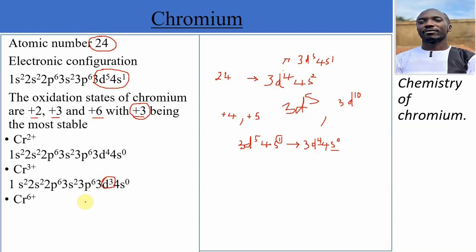Then if it is 6, it means that we are losing 6 electrons. That means that we shall lose all the electrons in the 3d5, all of them, and also the 1 electron in the s. So the 3d loses all the electrons and the 4s as well. So we shall find that the compounds formed in +6 oxidation state maybe are not colored because of losing the 3d sub-energy level. Let's continue.